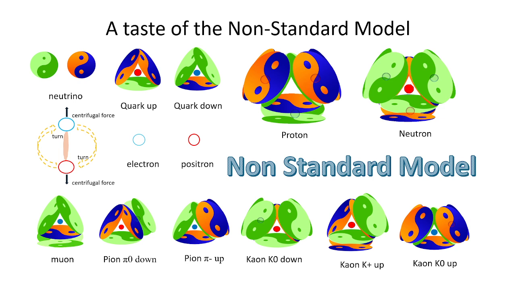The electron turns around the positron, and the positron turns around the electron. You have quark up, quark down, proton, neutron, and on the bottom you have some example of muon, pion, and kaon.